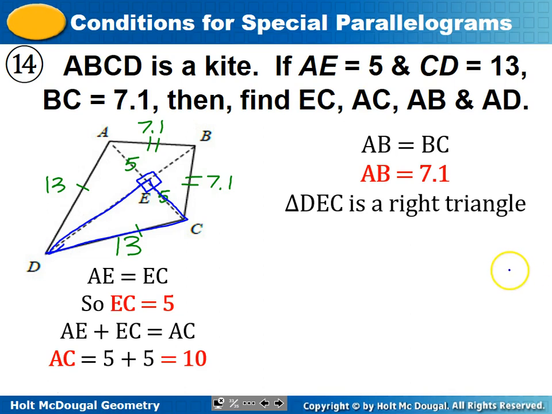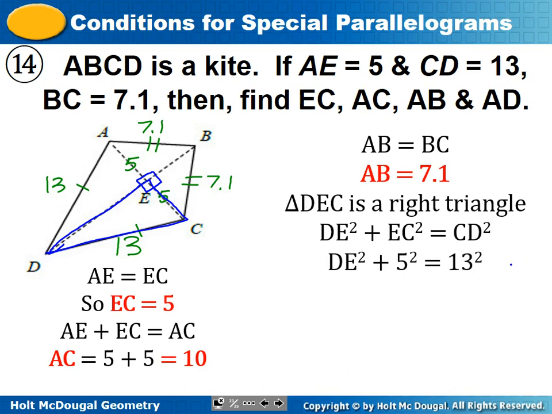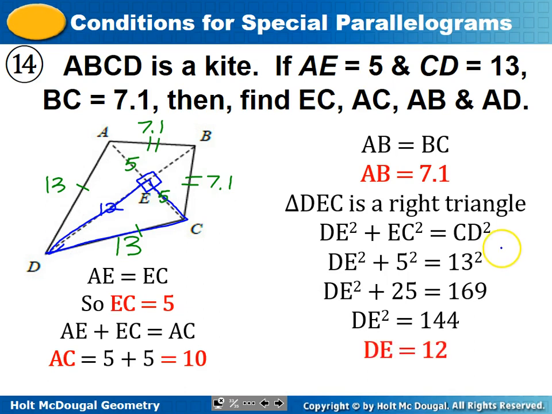So we're going to do leg squared plus leg squared equals hypotenuse squared. We don't have DE, but we do have EC, that was 5, and we have CD, which is 13. So we get DE squared plus 25 is equal to 169. I'm going to subtract 25 from both sides. That gives us 144, and when we take the square root of 144, it equals 12.